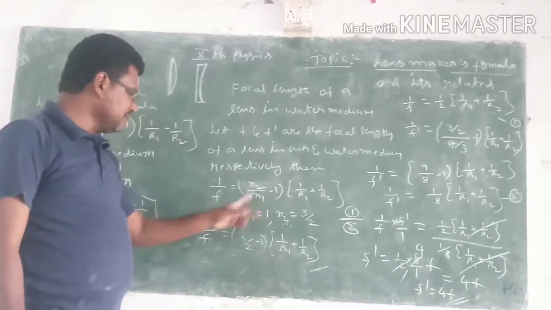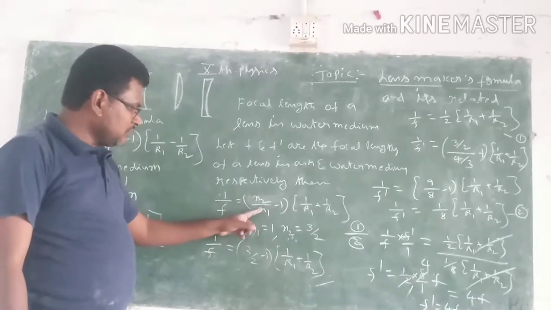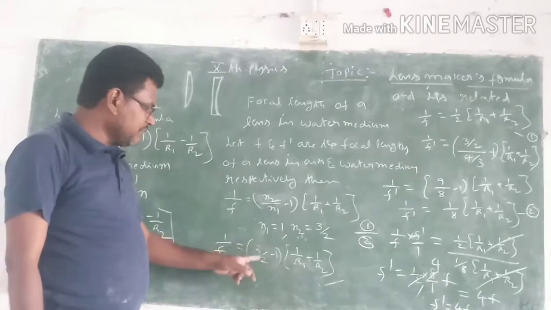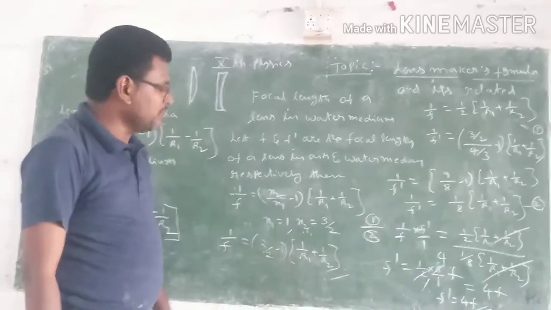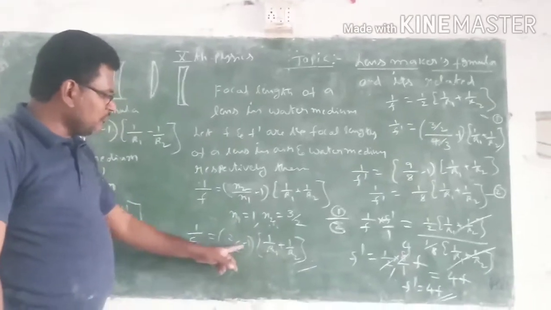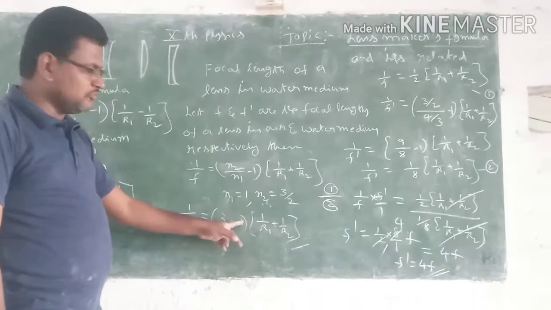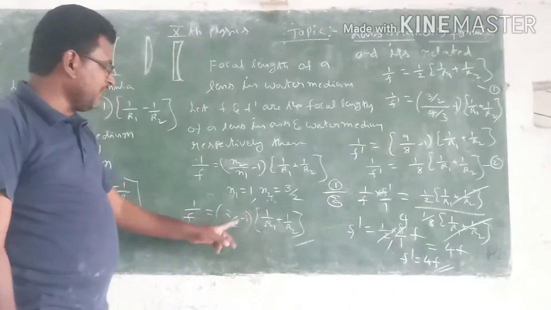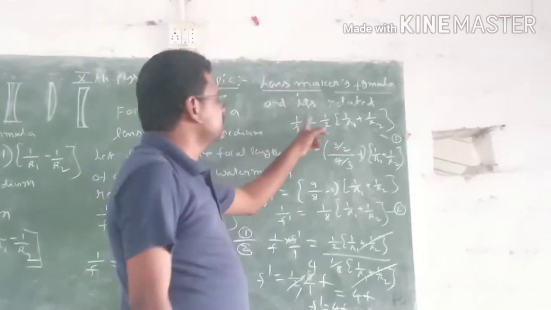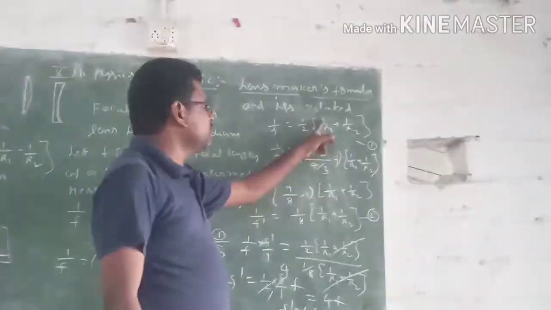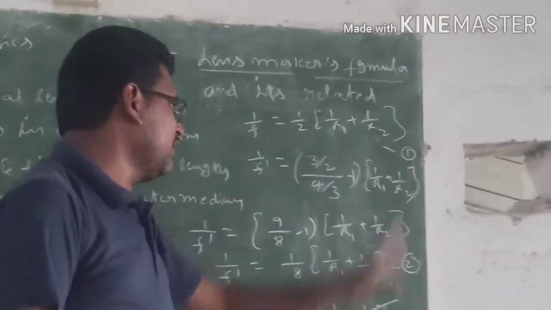Substitute these two values in this. 1 by f is equal to (3 by 2 by 1, that means 3 by 2, minus 1) into (1 by R1 plus 1 by R2). 3 by 2 minus 1 is what? Here the LCM is 2. 2 into 1 is 2, 3 minus 2 by 2, that means 1 by 2. So 1 by f is equal to 1 by 2 into (1 by R1 plus 1 by R2). Give this as equation number 1.